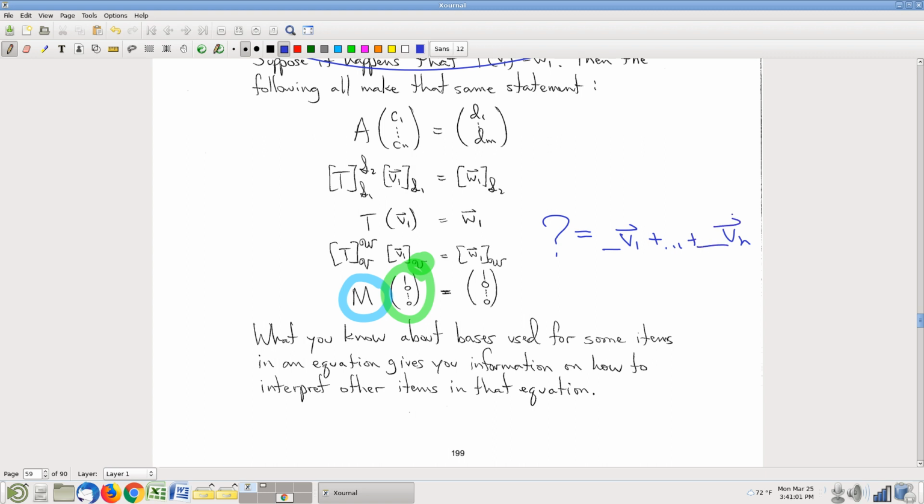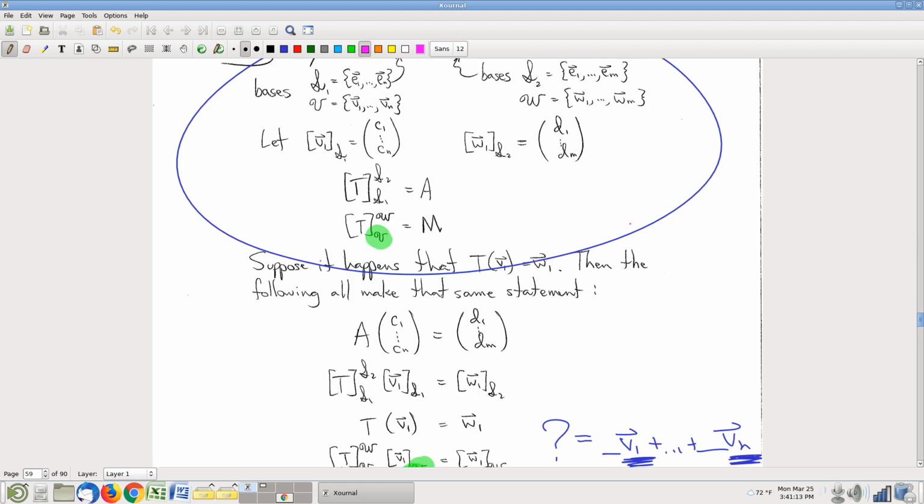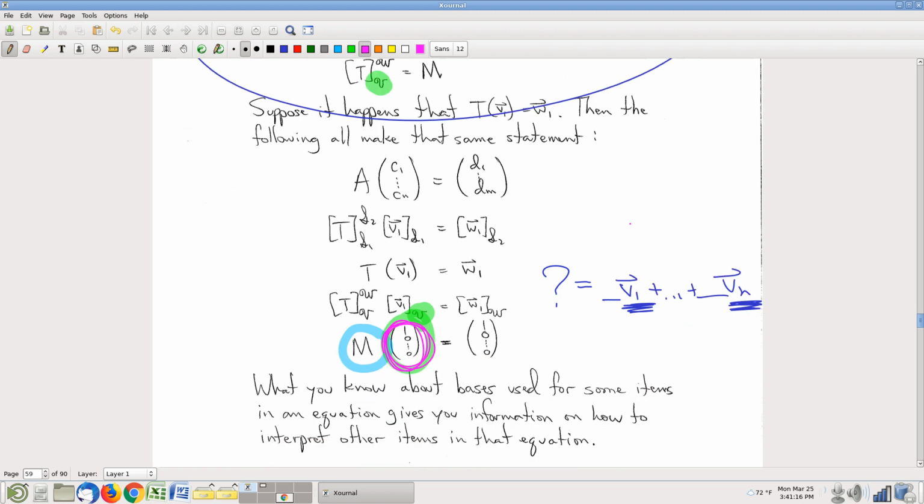So, what vector is it whose coordinates with respect to the script V basis are 1s and 0s? Well, let's put those coordinates in there. A 1 there, a bunch of 0s everywhere else in the list.